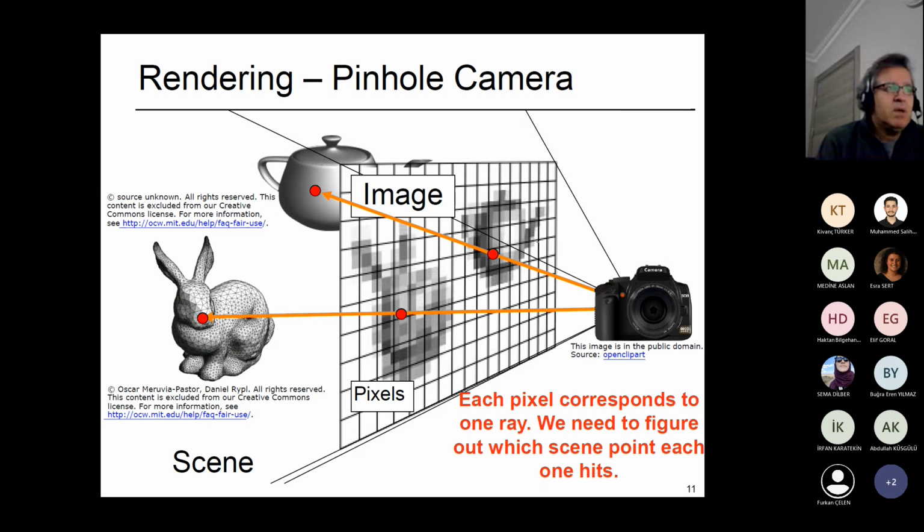For example, if I want to know where this pixel is in the scene and which object it belongs to, I can do raycasting and find out which object it belongs to.